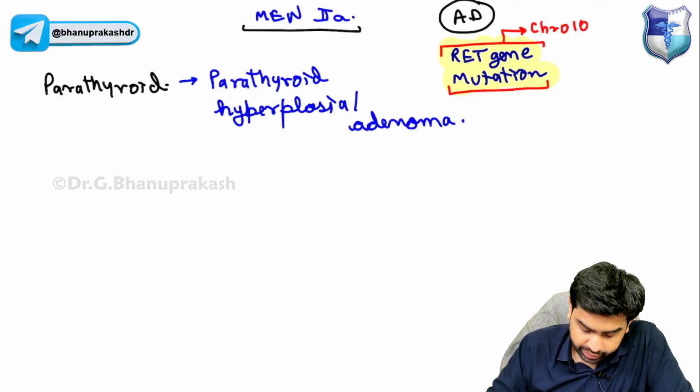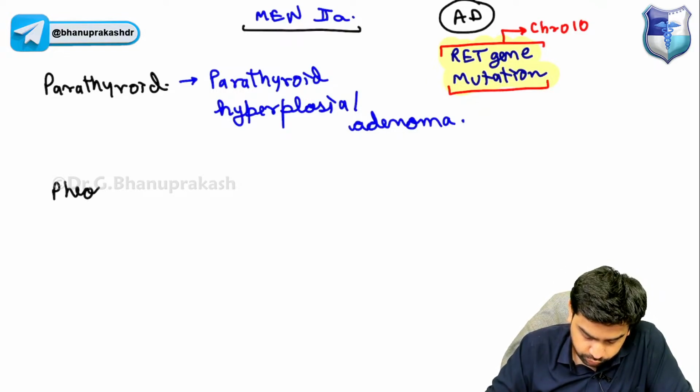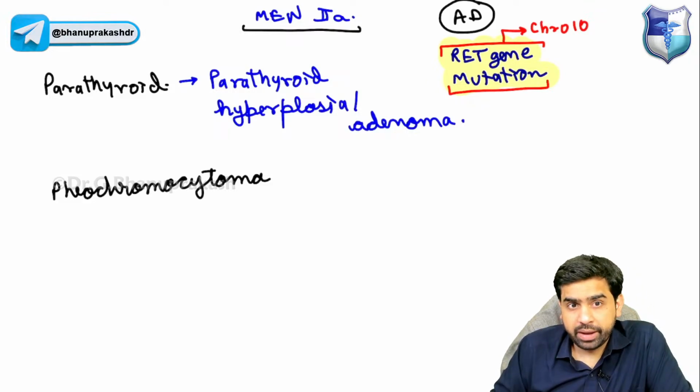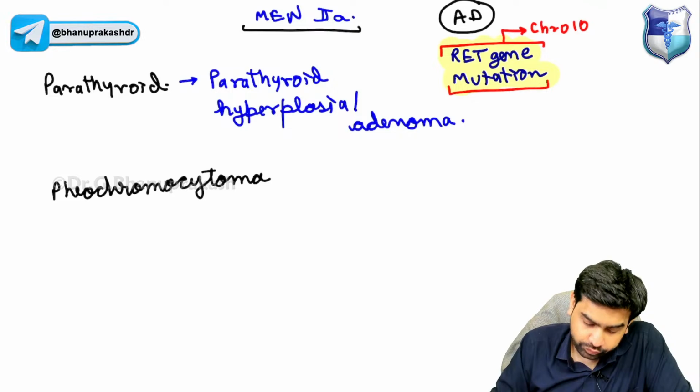And what we can have is a pheochromocytoma. So we can have parathyroid adenoma or hyperplasia and the pheochromocytoma. These are the things you can have over here.